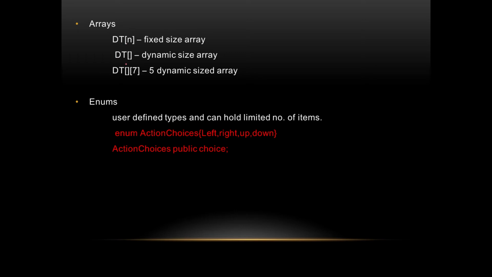Next, you have the data type with only the square brackets. This is the dynamic sized array. In this, you can have as many items as you want. Then you have dt, then a square bracket, and then 7. This is my mistake, I guess it should be 7.